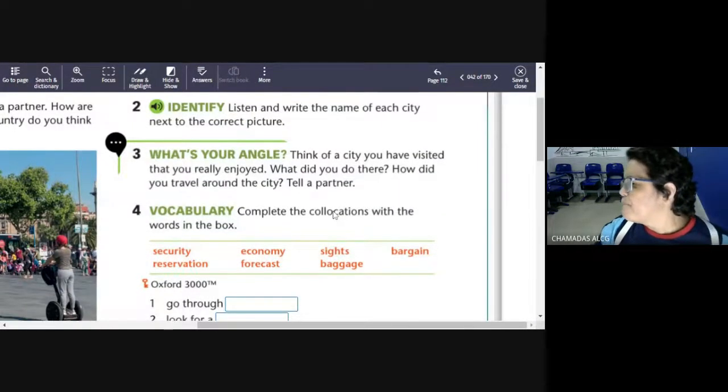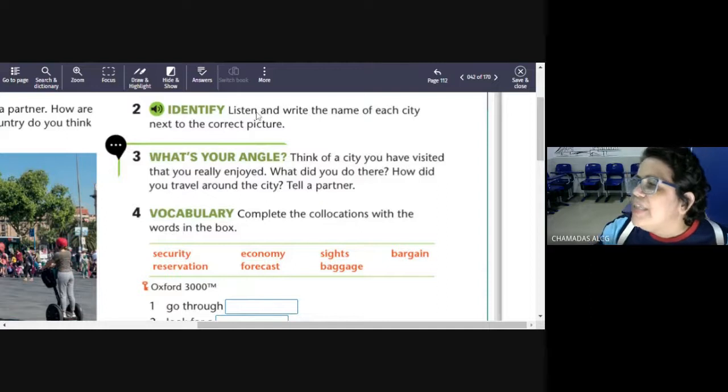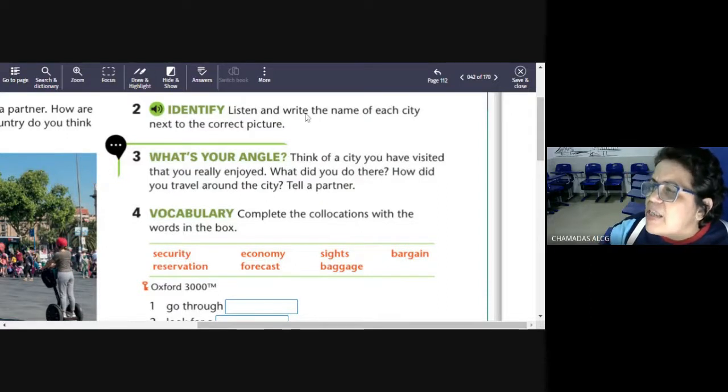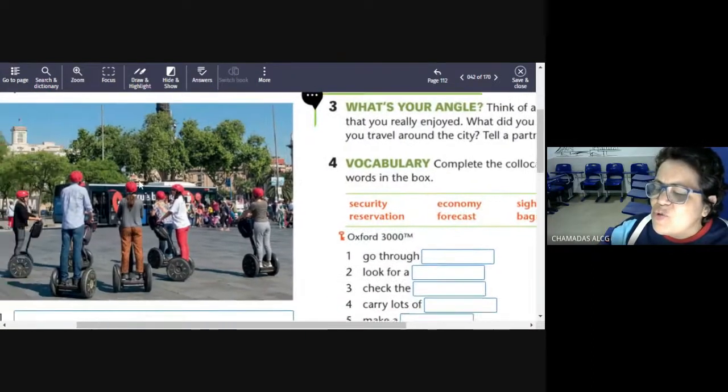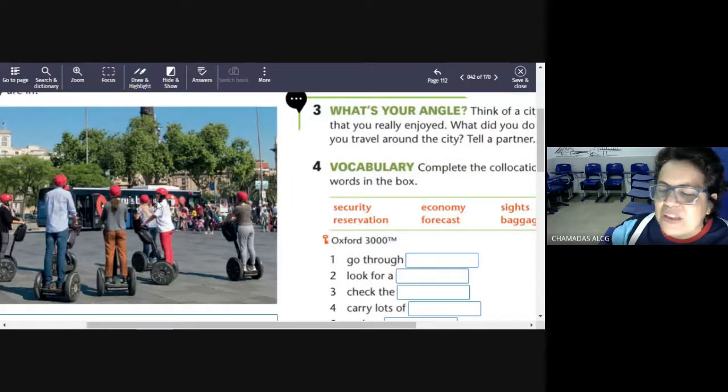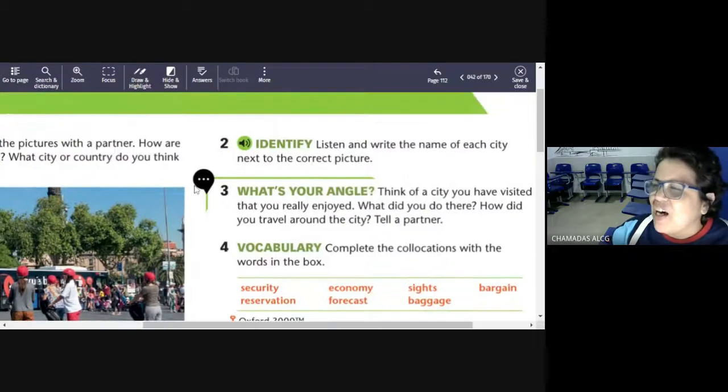Okay. So listen and write the name of each city next to the correct picture. So we are going to listen to the audio there and check the answers we put, okay? The first one we said is Barcelona, the second Hong Kong, and the last one they say they don't know. But let's see if we got it right, okay? I will play the audio.